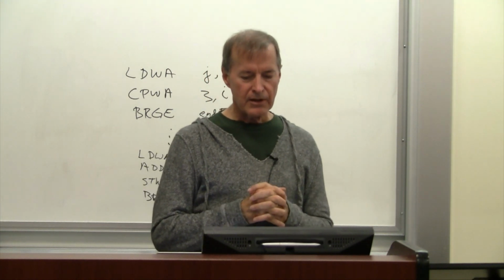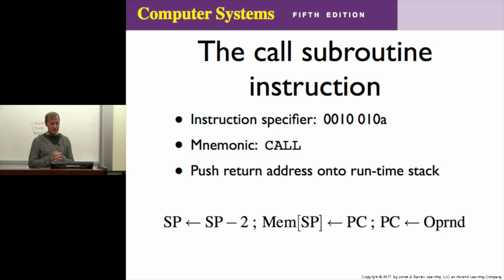The first assembly language instruction is the call instruction. The mnemonic is CALL. The instruction specifier is 0010010A. And so it's like a branch instruction where there's two addressing modes, either immediate or indexed.